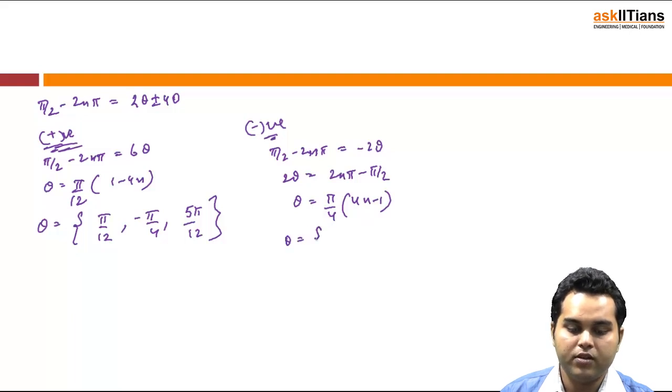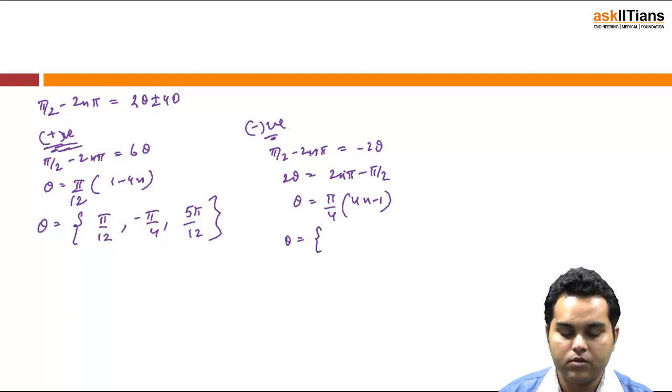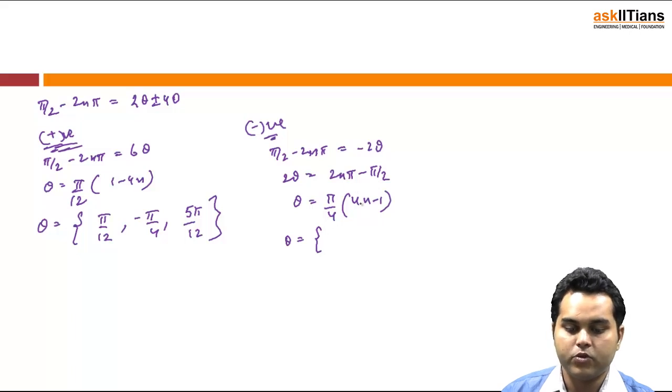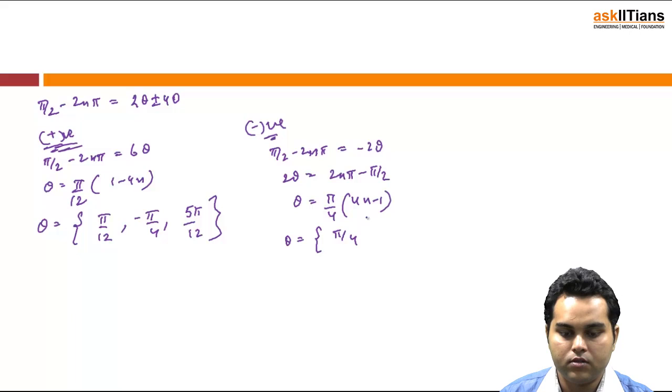So theta would be, for n is equal to 0, with pi by 2 taken common, that gives me 4n minus 1.